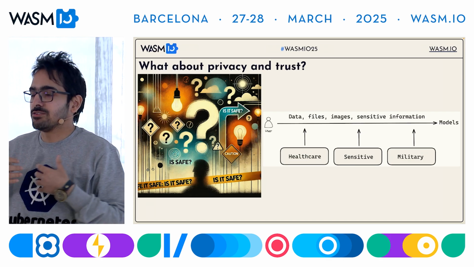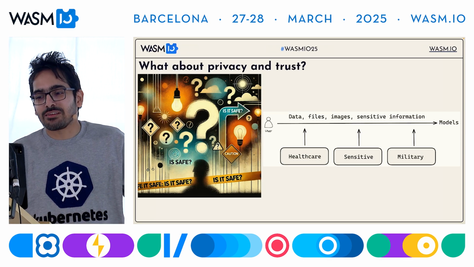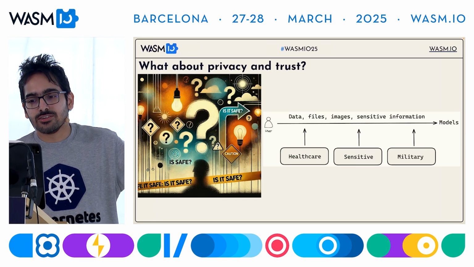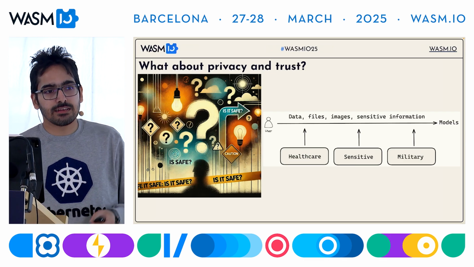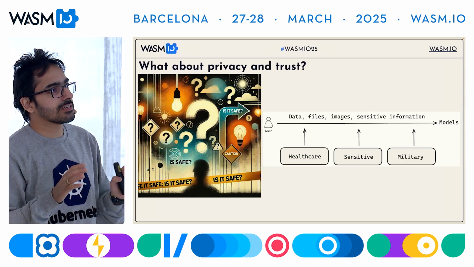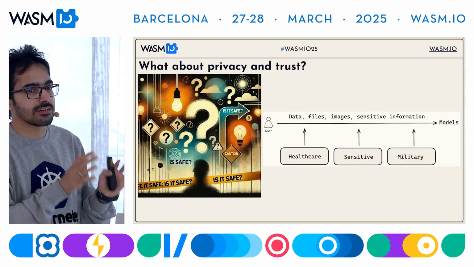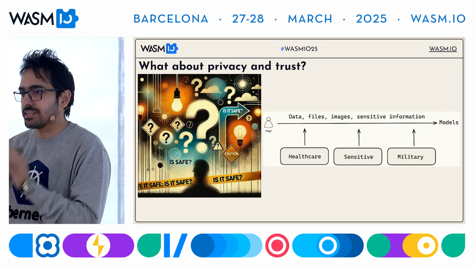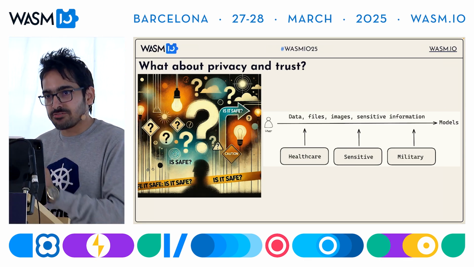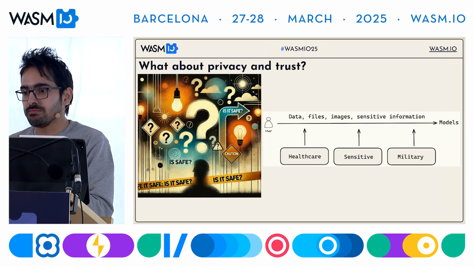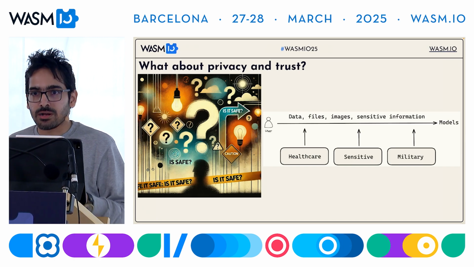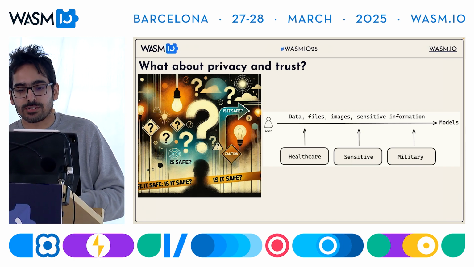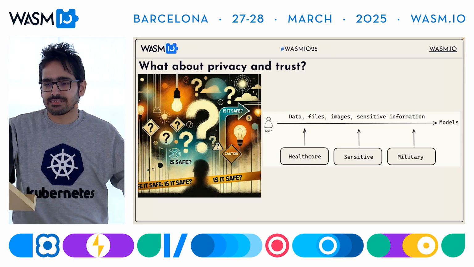A user passes data, files, images, sensitive information, but is it suitable for very critical industries? Is it suitable for healthcare, where you have patient data that is very critical, or military secrets? Yes, it might solve some of the problems in that space, but is it worth compromising the military secrets and sensitive information over there?